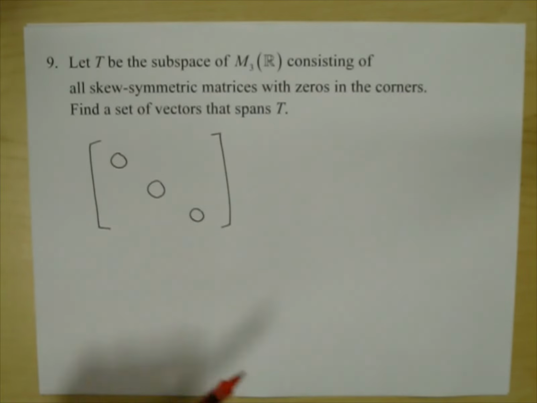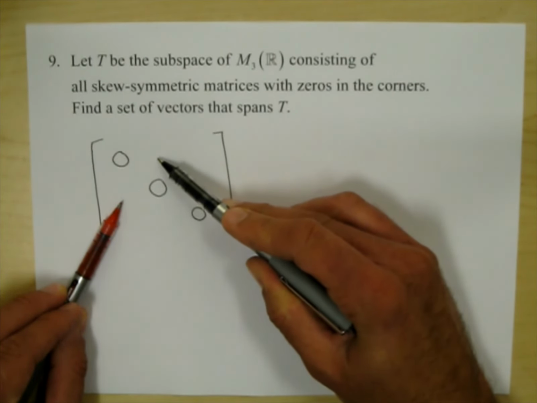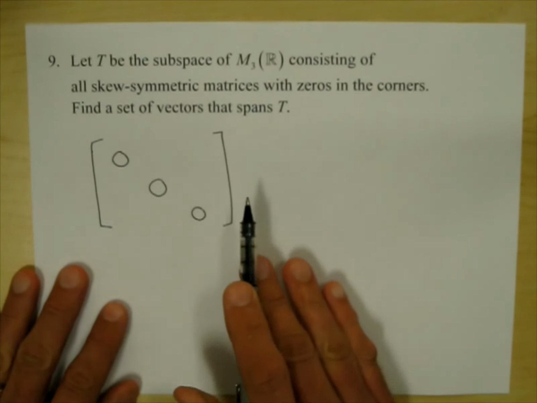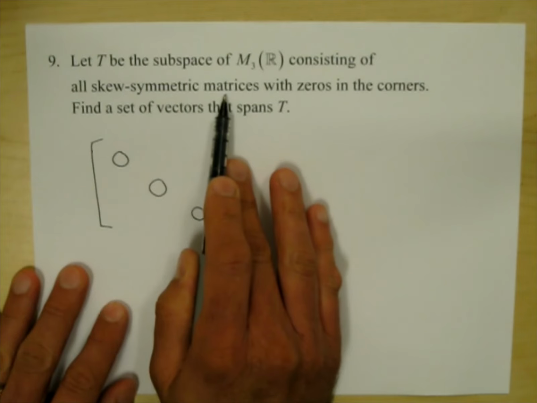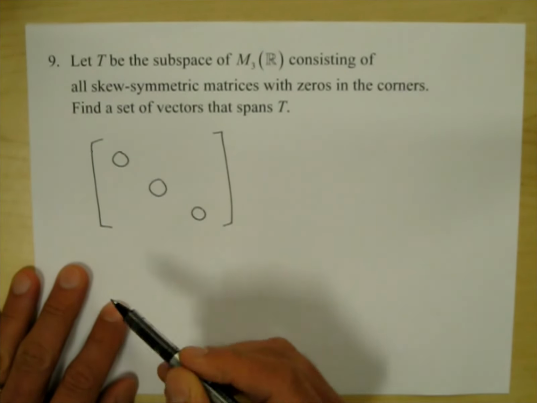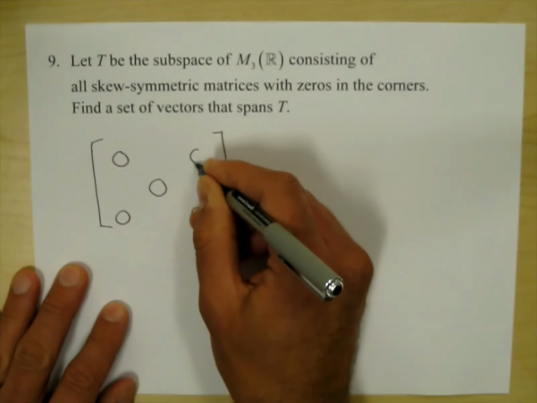Skew-symmetric means that if I have an element here, I have the opposite element up there. Okay? So skew-symmetric, zeros in the corners. So there's already zeros in those corners. I should put 0 here and a 0 here.